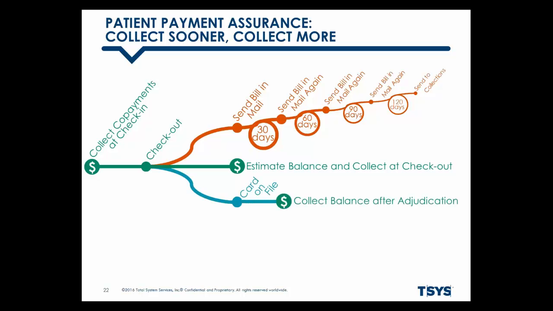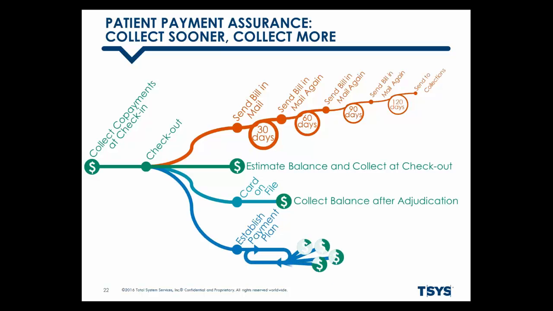Go ahead and get their credit card or bank account information, store that on file, and then after adjudication takes place, give that patient a call and set up a payment plan for them or just capture that post-adjudicated balance. Again, if they can't pay that full balance, that's where you would take that credit card that you've stored on file and establish a payment plan to collect that reimbursement over the course of time.